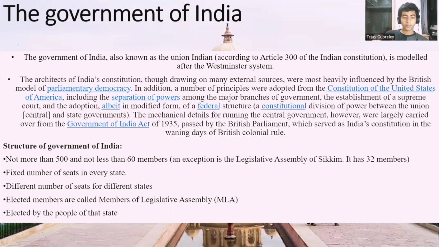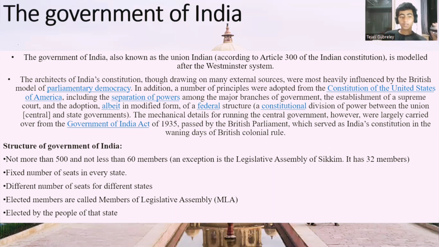Like if there are 300 seats in New Delhi, there should be 300 seats in Uttar Pradesh too, because it's the structure of government, a fixed number of seats in every state. Different states have different numbers of seats as per the government.